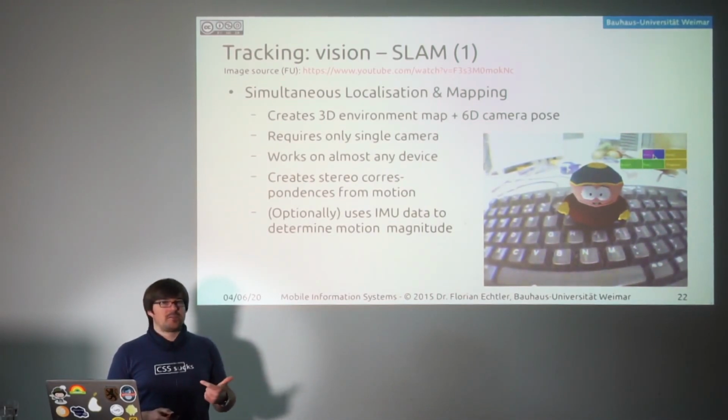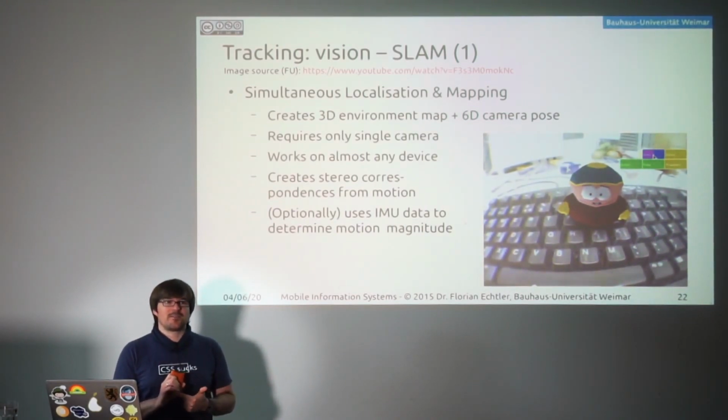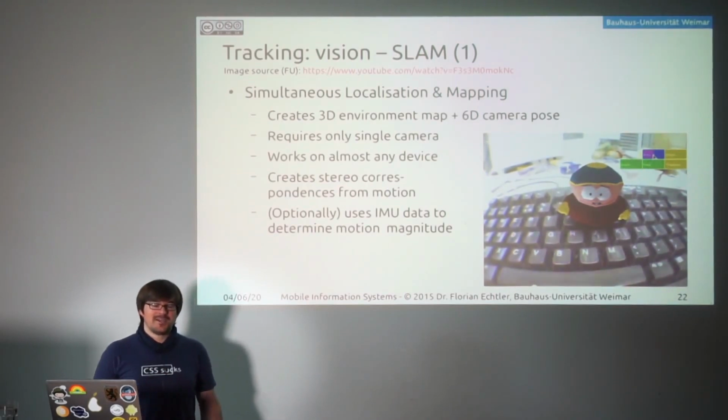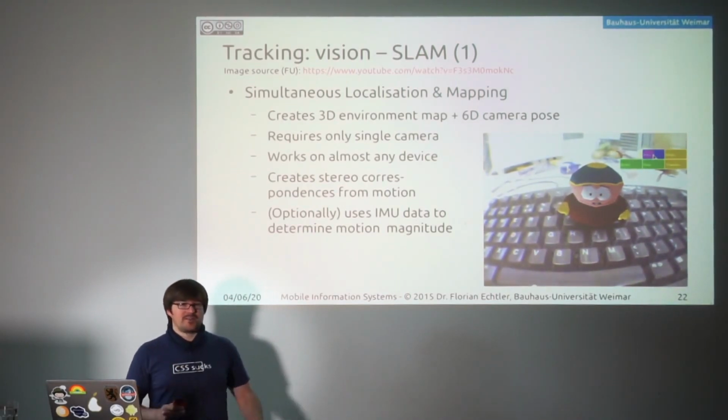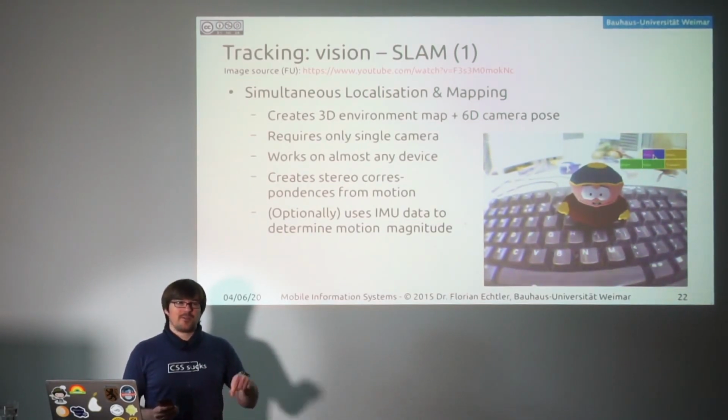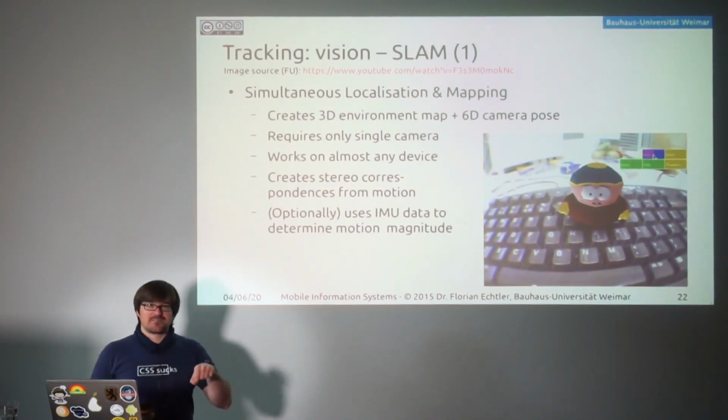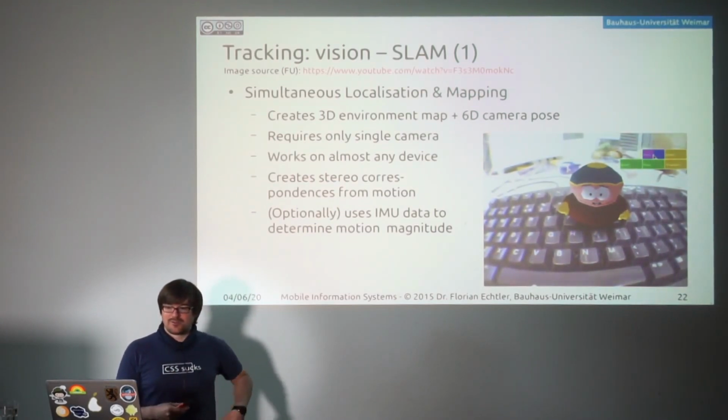We already briefly talked about this in general. It means simultaneous localization and mapping, and was originally developed for mobile robots. So robots moving around in an unknown environment use this camera image to create a map and also locate themselves within that map as it's being created.